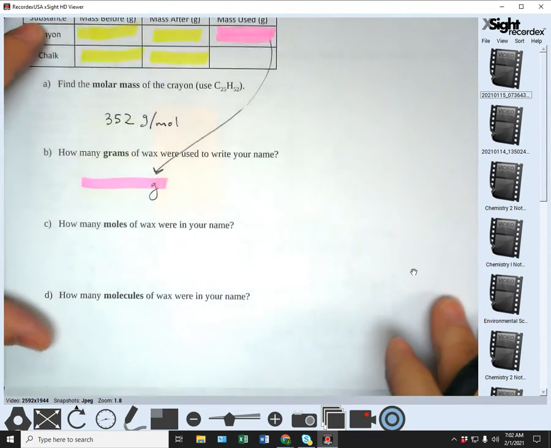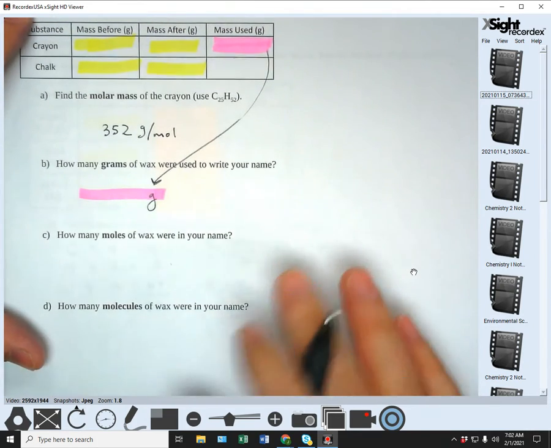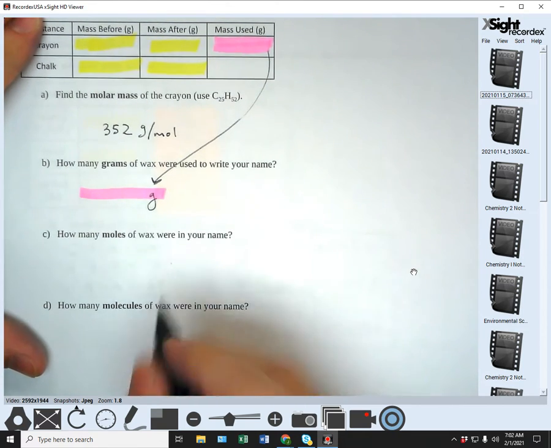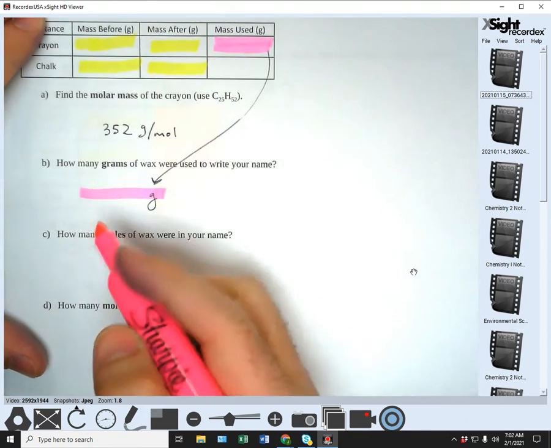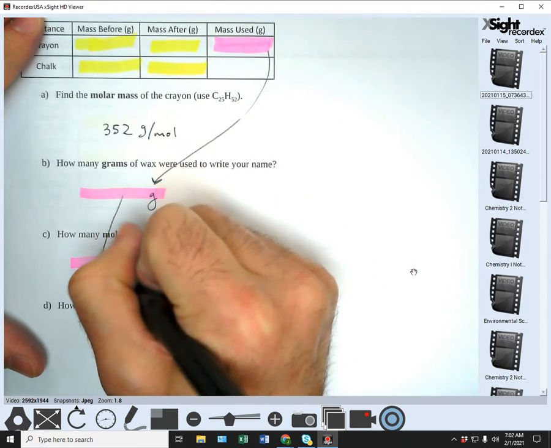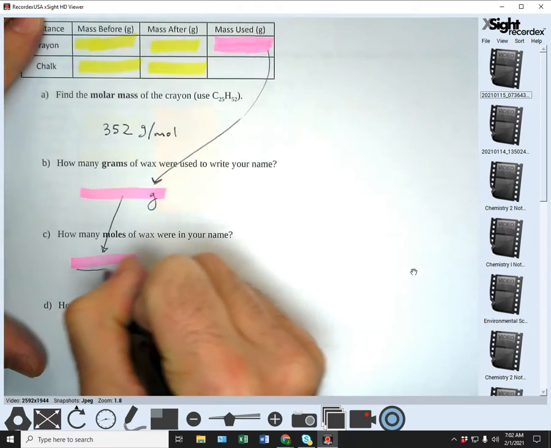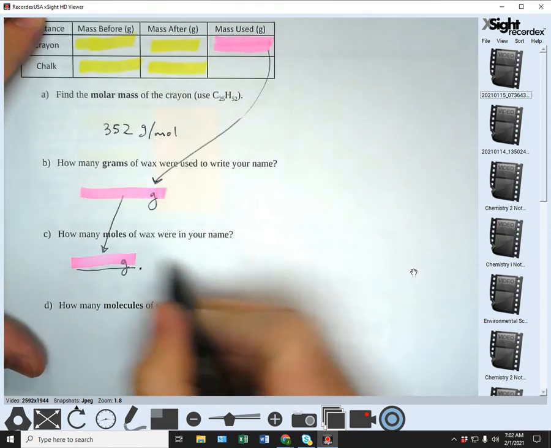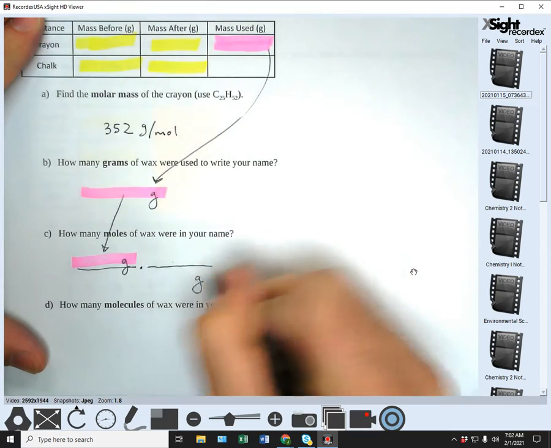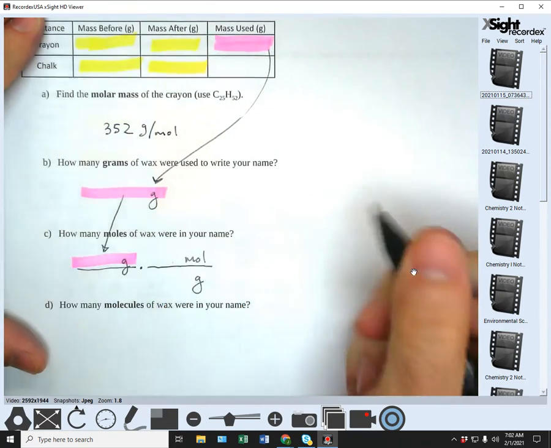Now, part C, how many moles of wax were in your name? You're going to start with the grams from here. Start with the grams of wax that were used, and you're going to convert grams to moles.